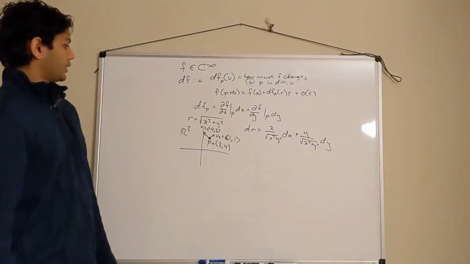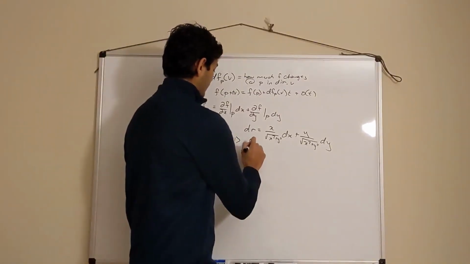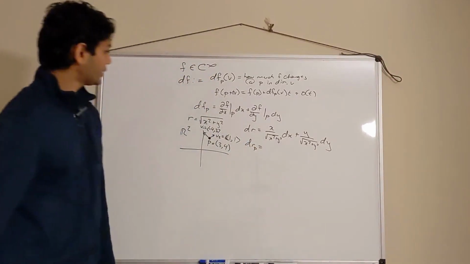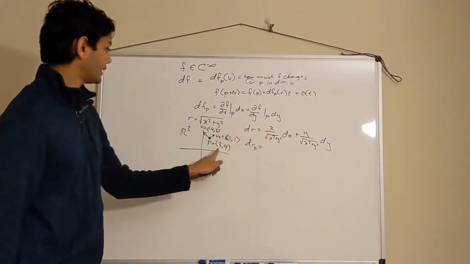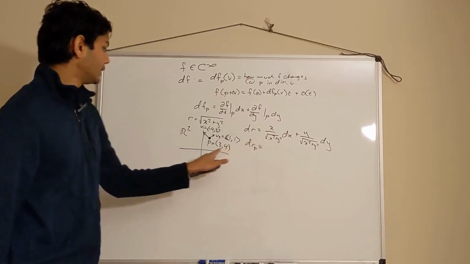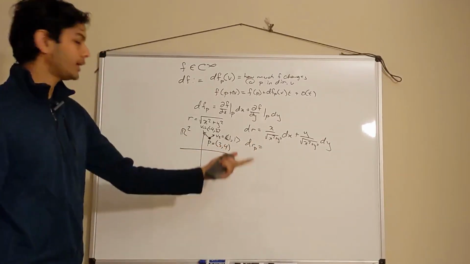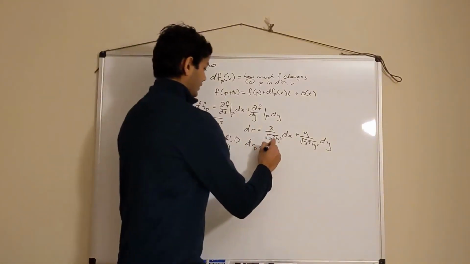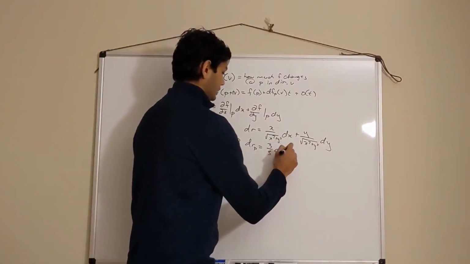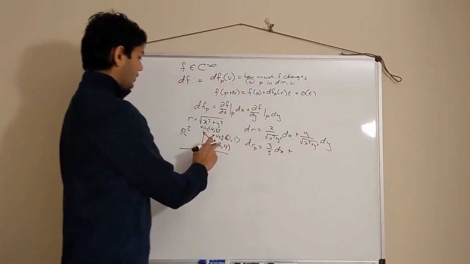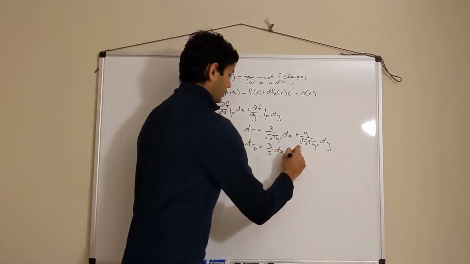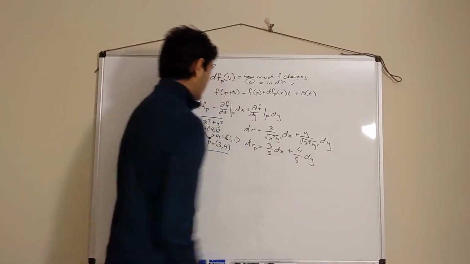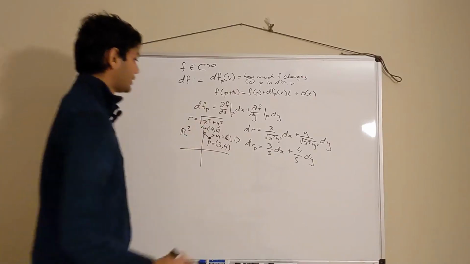If we write out what dr at p is, the x coordinate is 3, and the square root of x squared plus y squared is the square root of 9 plus 16, which is 25, which is 5. So you get 3/5 dx plus the y coordinate is 4, so you get 4/5 dy. And what is it saying? Let's evaluate on v1 and see what it says.